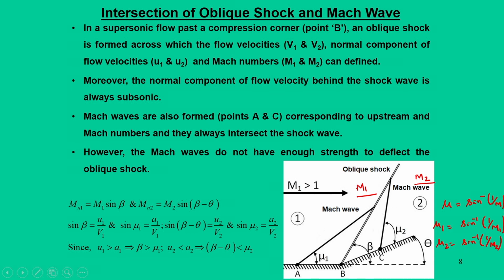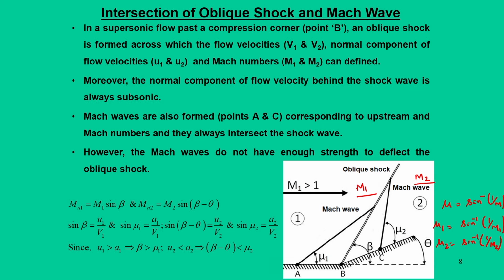We can calculate this based on the information M1 and M2. So the question here is: if a Mach wave is formed and it goes and hits this oblique surface, what is going to happen? Does this Mach wave have sufficient strength to deflect, or if it hits, what consequence can we have?